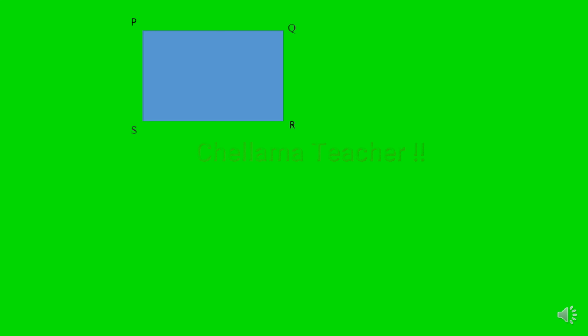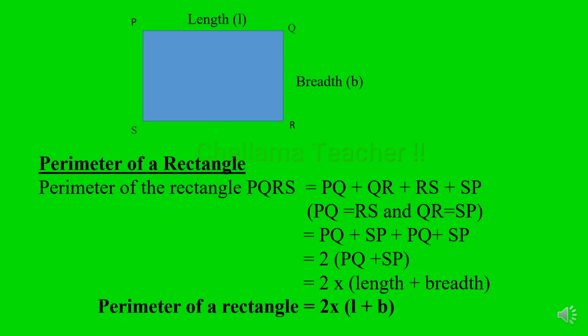Let's see about the rectangle PQRS. So the long side is length L, the short side is breadth B. Perimeter of a rectangle. Now perimeter of the rectangle PQRS is equal to PQ plus QR plus RS plus SP.